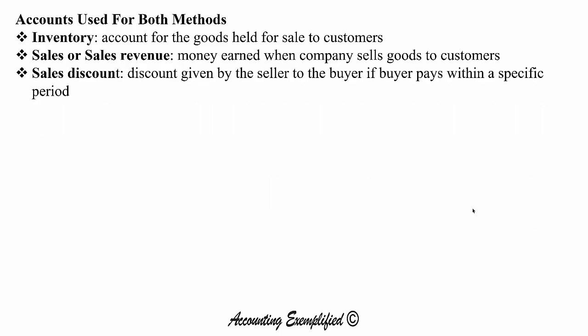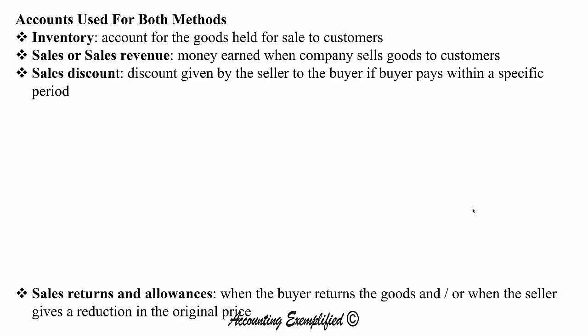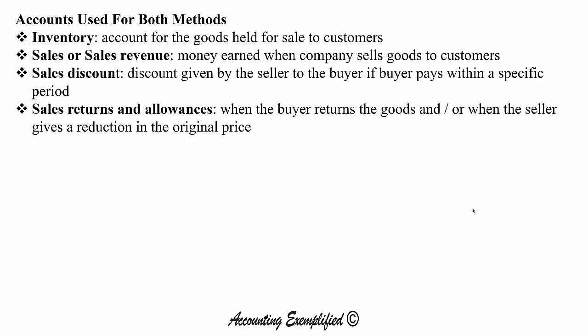This is the discount given by the selling company to the buyer if the buyer pays within the specific period. Sales returns and allowances. When the customer or the buyer returns the goods, or when the seller gives a reduction in the original price charged to the customer. So these accounts are common under both the systems.